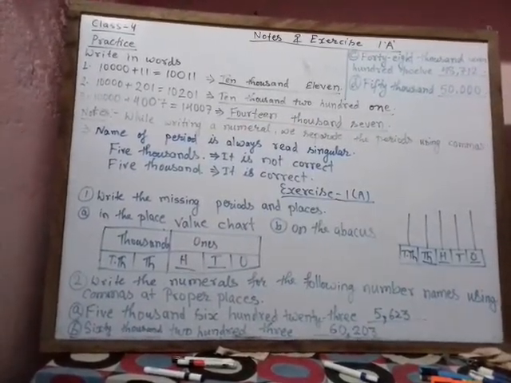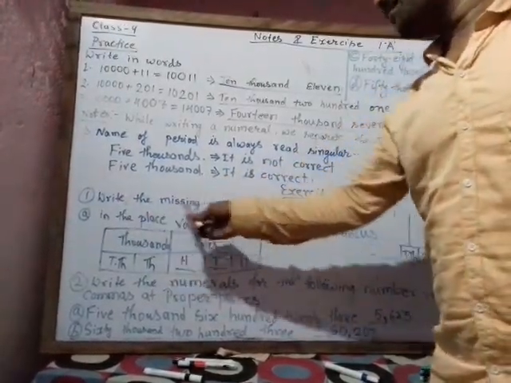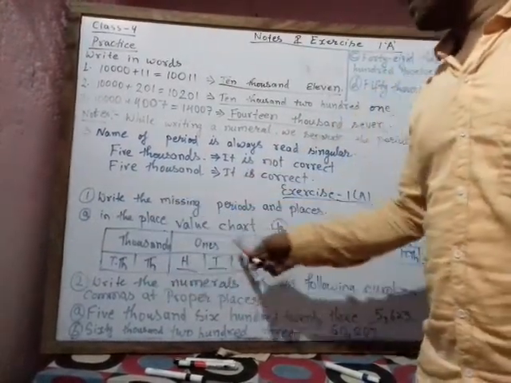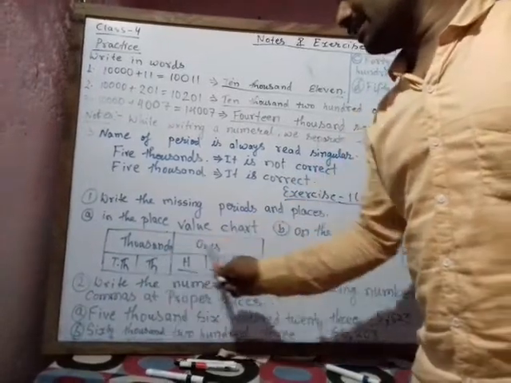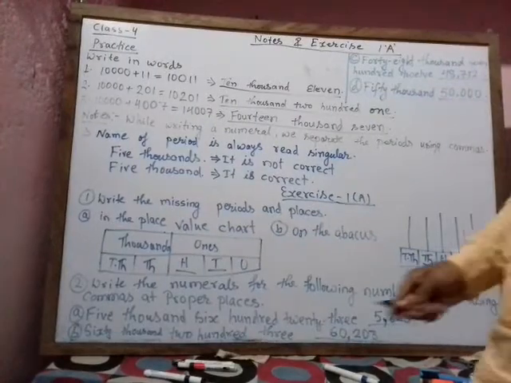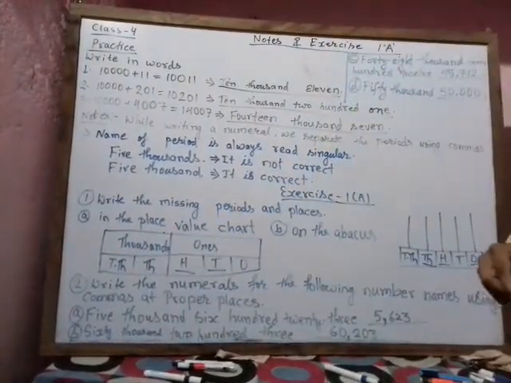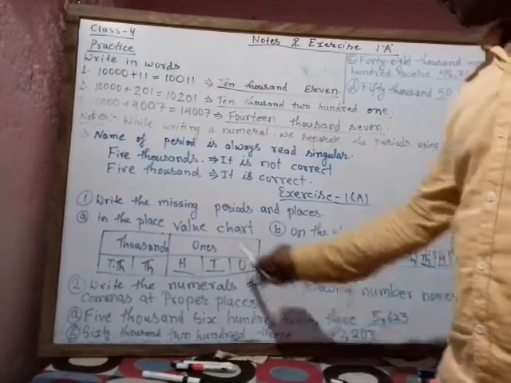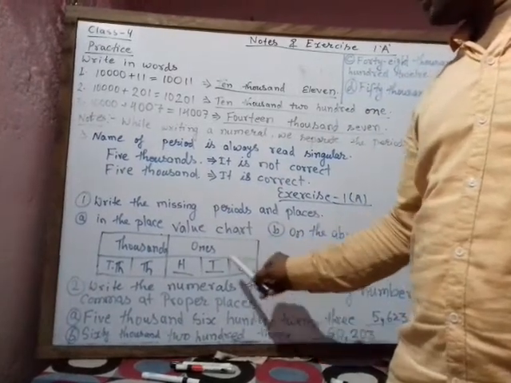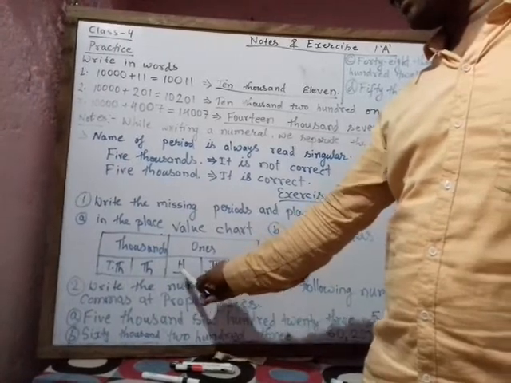Now we will move towards exercise 1A, where it is given: write the missing periods and places. Here is the place value chart. The periods ones and thousands were written by myself. In the period of ones, there come 3 place values. Tens and 100 I have written, and you can see blanks are there.